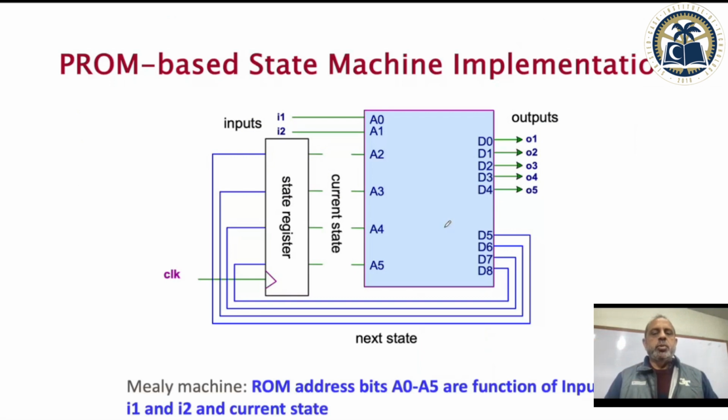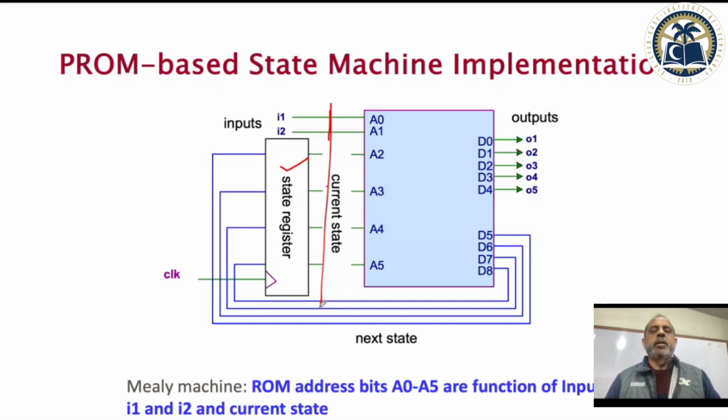Okay, so you have a state register which goes as an address to the program memory, and if there are inputs, those are also going to decide where your program should jump, so they also become part of the input, part of the address bus. So this address would be now two parts.